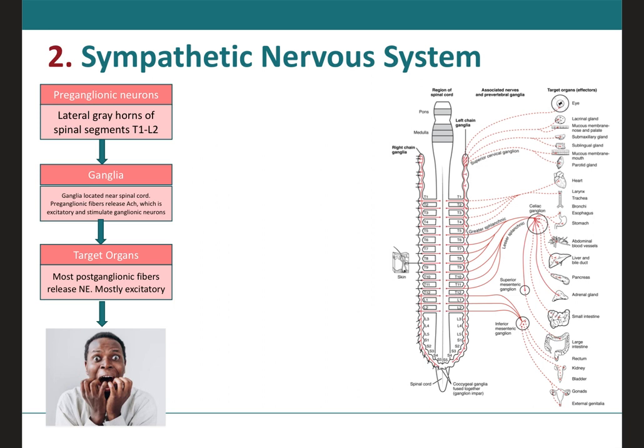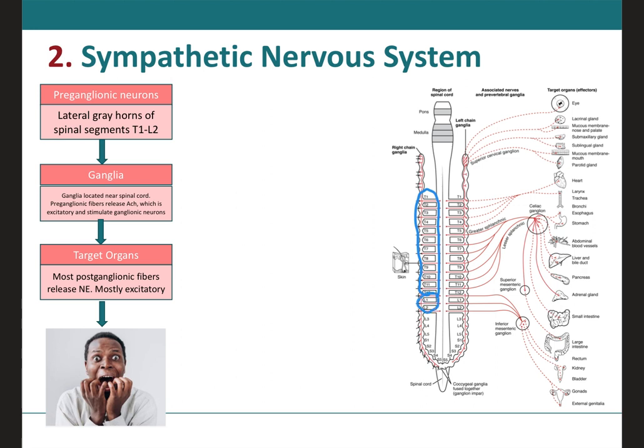If you see on this image, you can see that all the nerves that belong to the sympathetic nervous system are exiting right over here from the thoracic region or the upper lumbar region of the spinal cord.